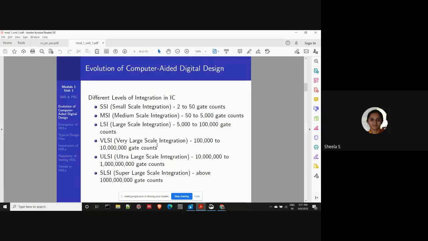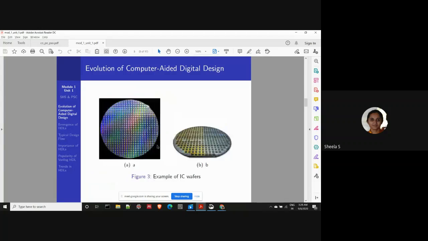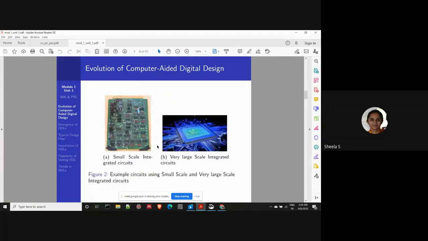When you see the motherboard of the PC, you can see small ICs, larger ICs, ICs of different sizes, even for RAM, ROM, everything varies. That again depends upon the requirement, and the corresponding integration will be considered. This is how the evolution of the CAD tool came into existence.